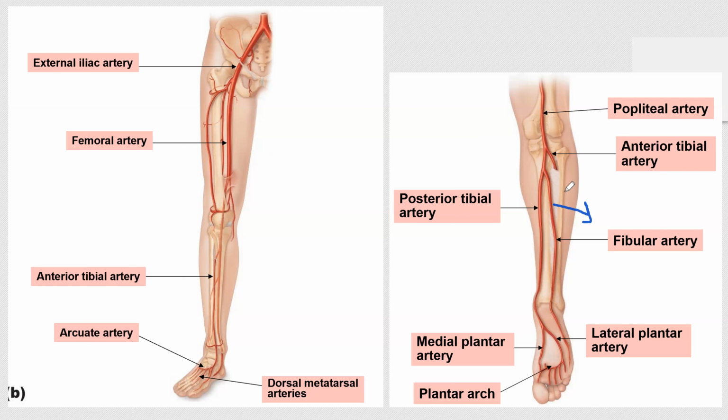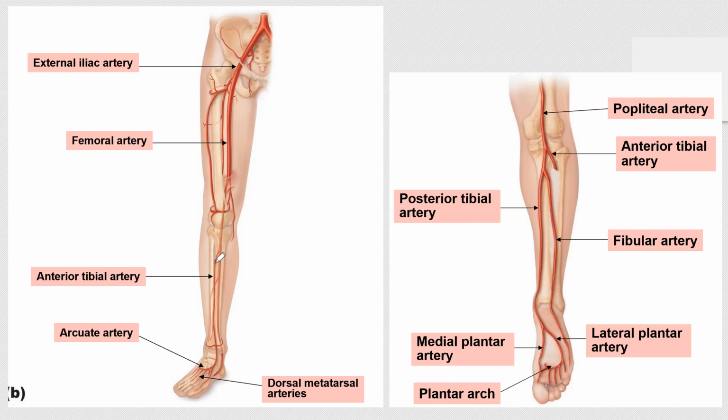So that's lateral side, away from the midline of the body, and continuing down is posterior tibial artery. Then posterior tibial artery splits into medial plantar and lateral plantar, and then we have plantar arch, and over here we have digital arteries.